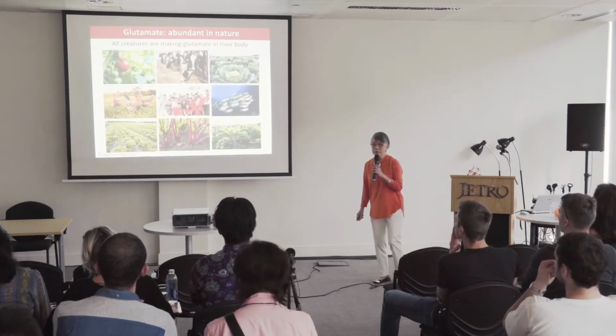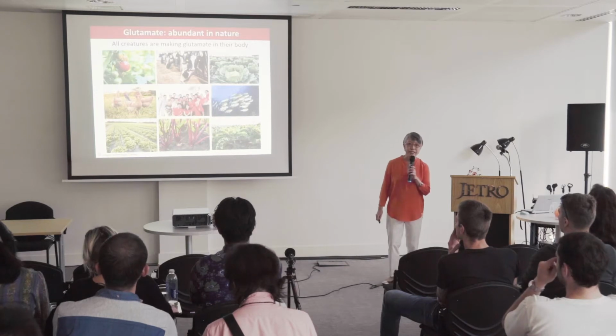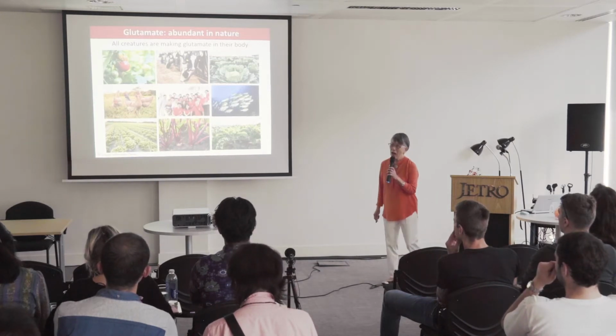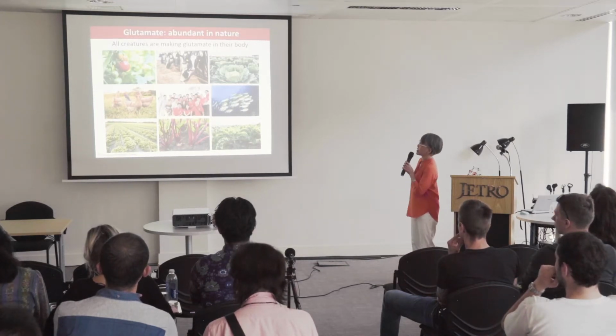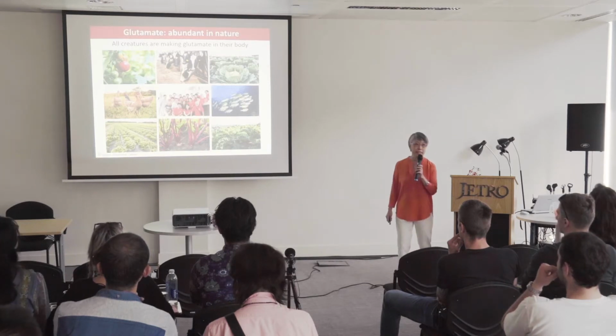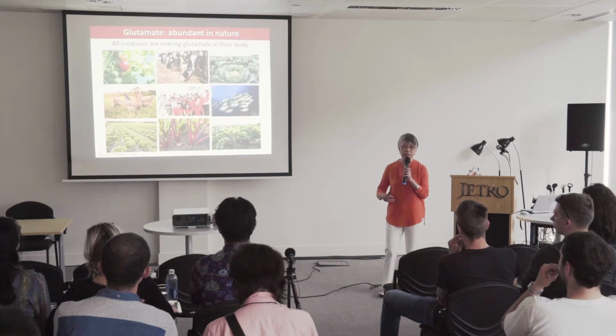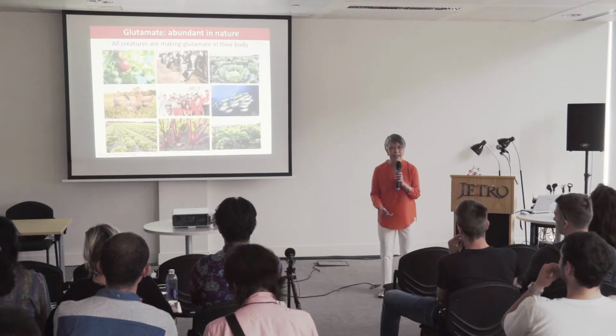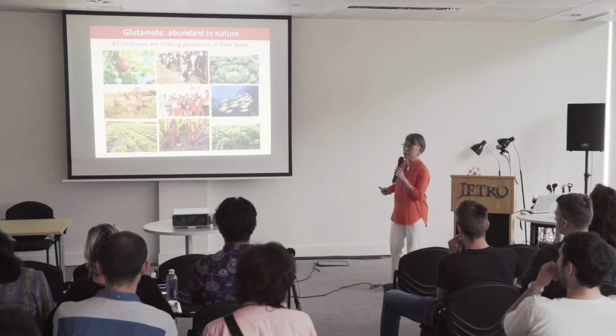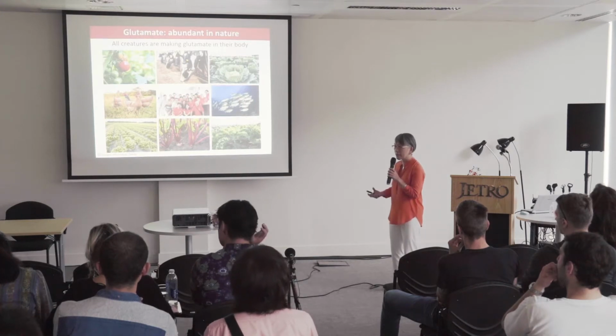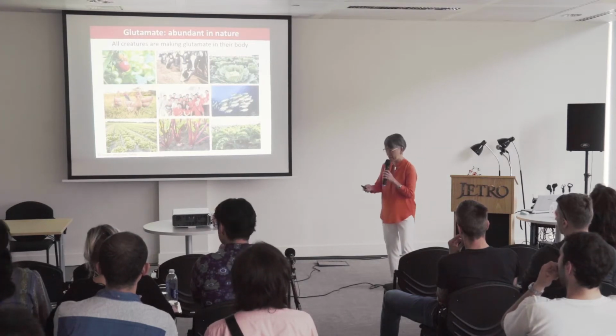Glutamate is the most abundant amino acid in nature. Why? Because all creatures make glutamate in their body. You are also making glutamate in your body every day. And free glutamate is very important to impart umami taste.